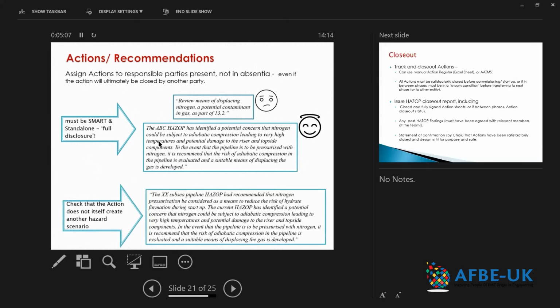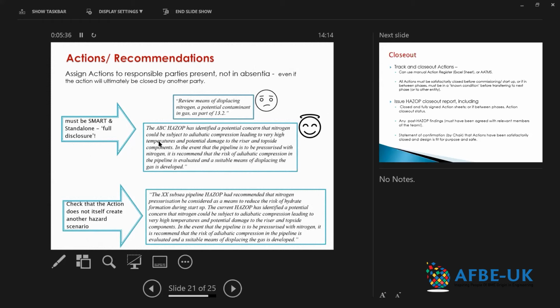Apparently, there had been a prior subsea pipeline HAZOP that had recommended that nitrogen pressurization should be considered as a means to reduce the risk of hydrate formation during startup. So you are now doing this HAZOP, and you identify a concern that nitrogen could be subject to adiabatic compression, leading to very high temperatures and so on.